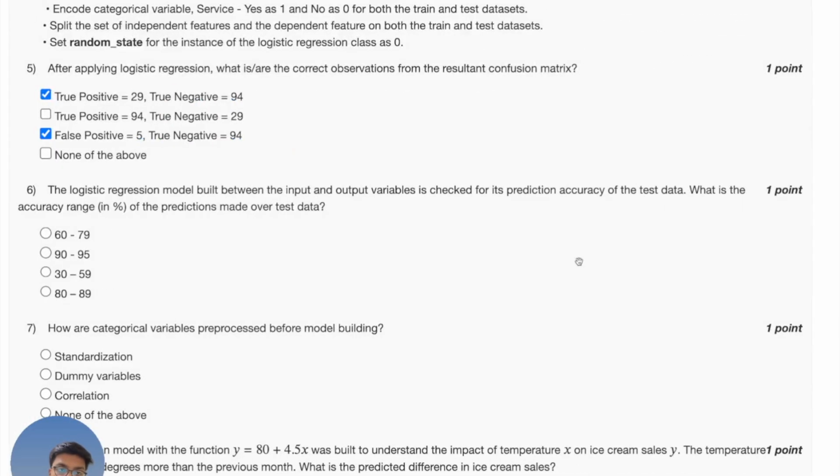The options of 60 to 79% is a very poor rate. We shouldn't consider 60 to 79% accuracy, and 90 to 95% is too much.